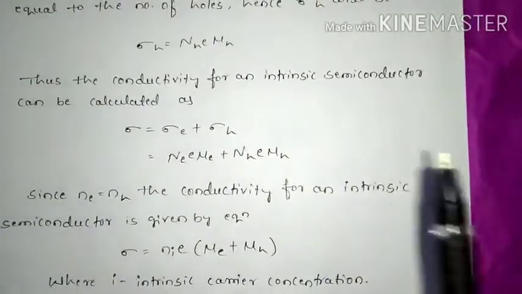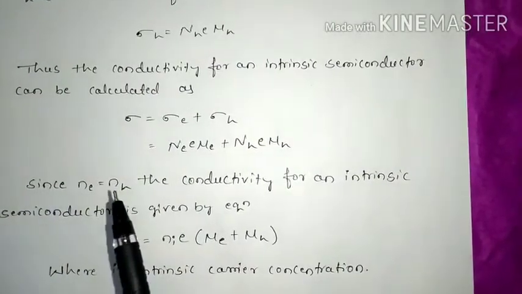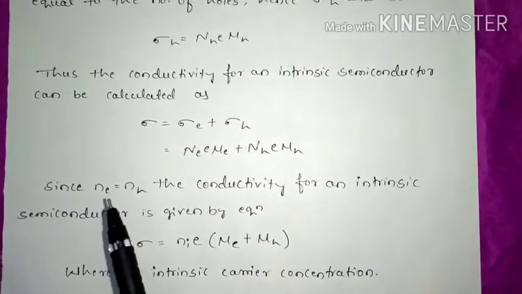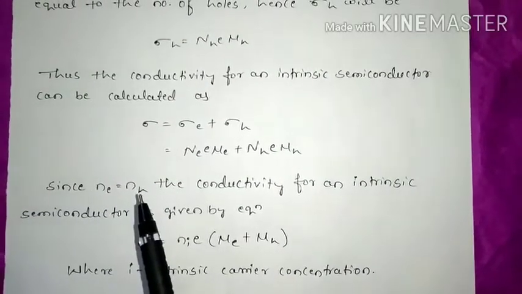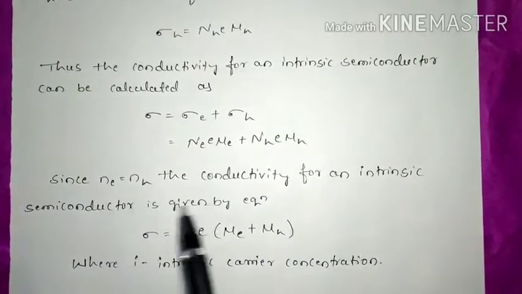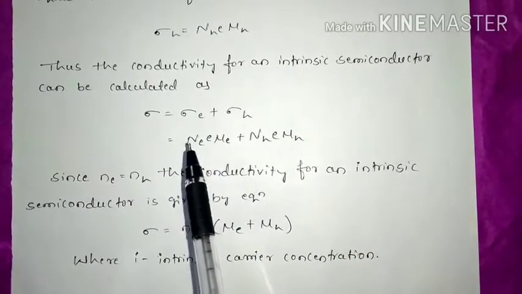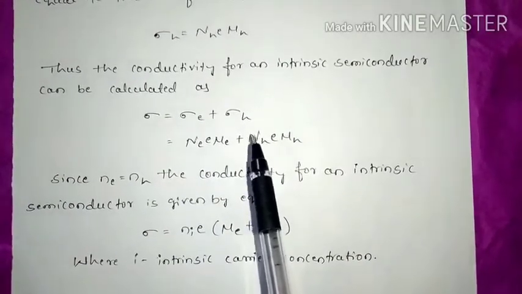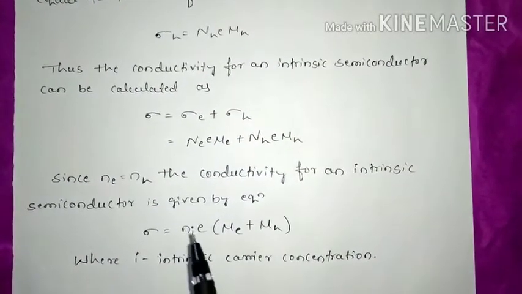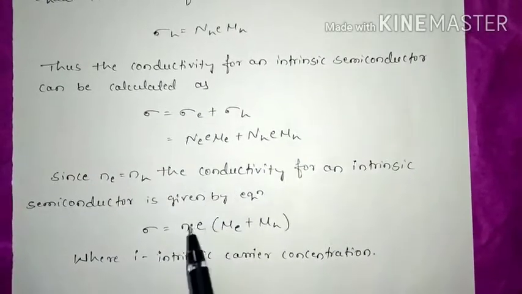Now in this equation, n e equals n h, the number of electrons is always equal to the number of holes. Replacing these two, we write the common term as n i, and e is common, so we take it outside.